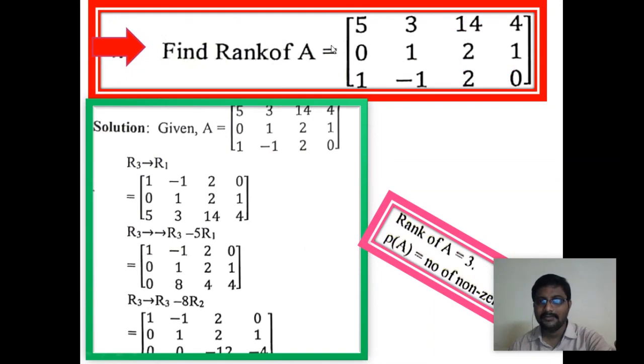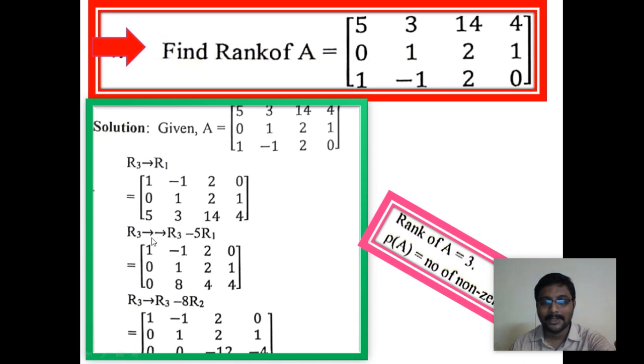Find the rank of the matrix. The given matrix is of order 3 by 4 because it has 3 rows and 4 columns. First, we have to reduce the matrix into row echelon form. For this, the first non-zero entry should be 1. So to get 1, just interchange row 3 and row 1.